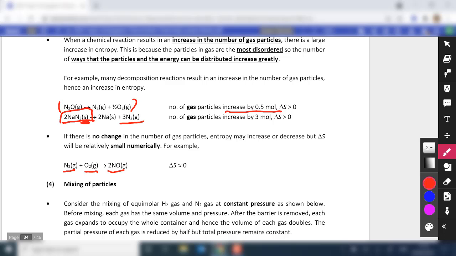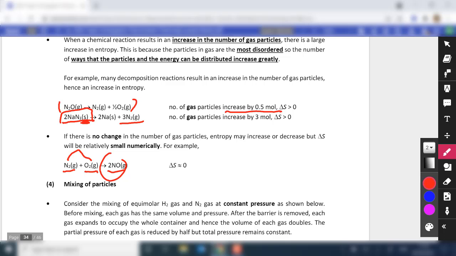So even if you try to calculate the absolute entropy of N2, O2, and then the 2NO, and do a subtraction, you're going to end up with a number. But this number is likely to be quite small. So to simplify matters, we say that it's close to 0.